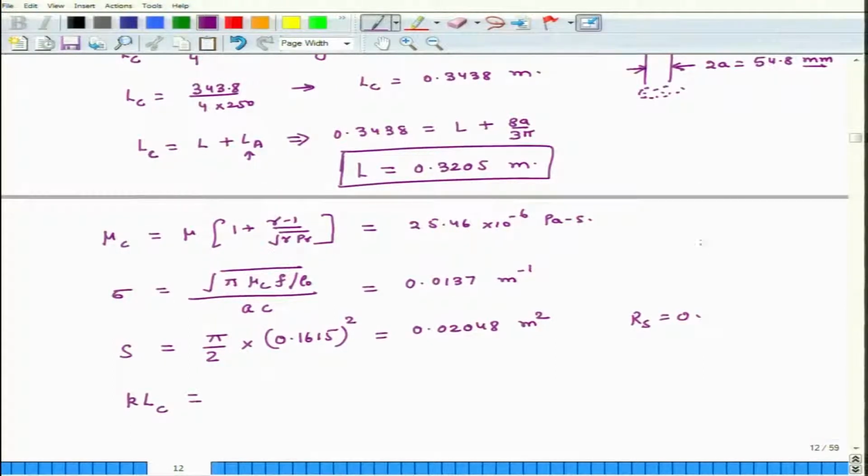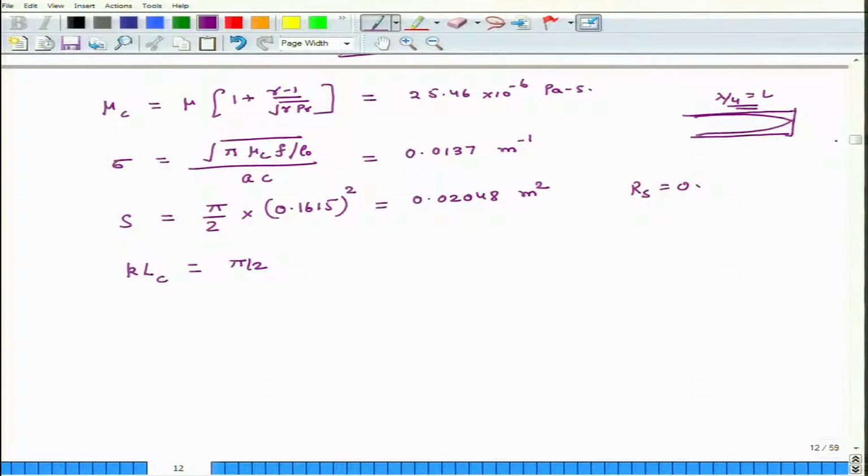I had assumed that at 250 hertz, the mode which will exist in this tube will be something like this, right. That is how I said that lambda over 4 equals L, and that is how I calculated the value of L. So, corresponding to this, if I calculate KLC, it will be pi over 2.